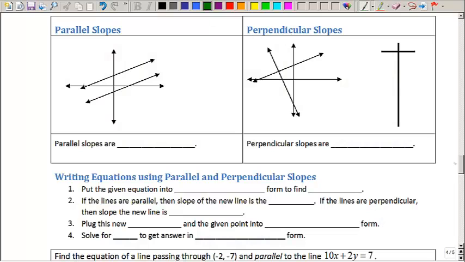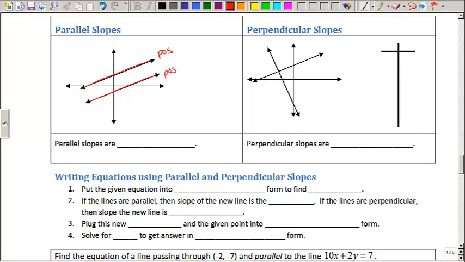Next, we need to talk about parallel and perpendicular slopes so that we can use that information when we're writing more equations. We have a pair of parallel lines here. Notice that they go in the same direction forever and ever. They won't ever touch. Please notice that your slopes are both positive here.